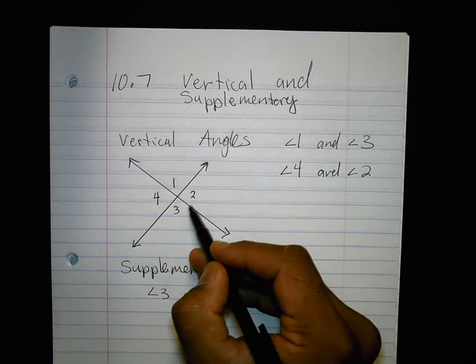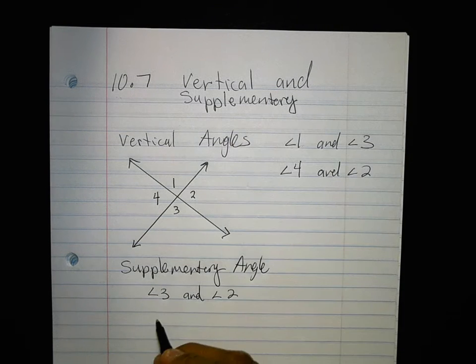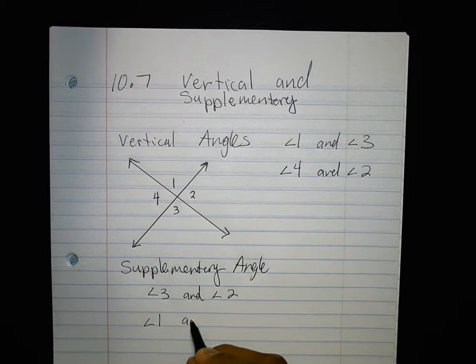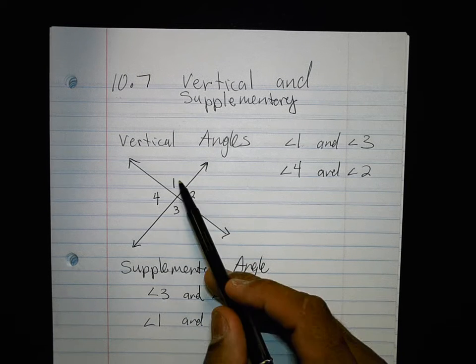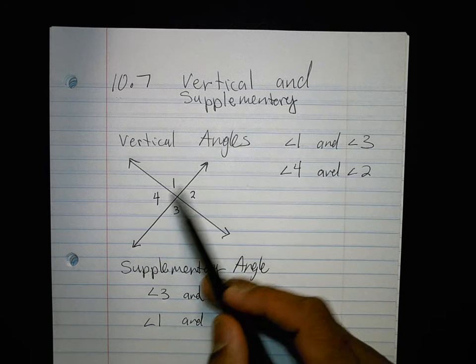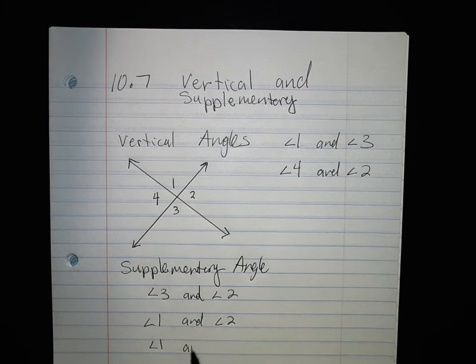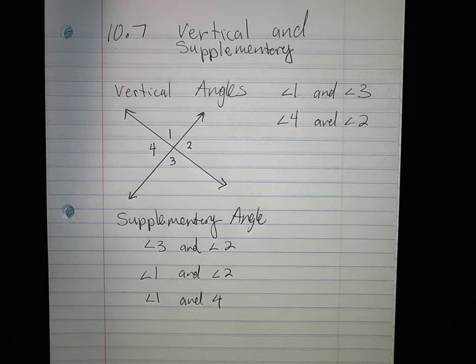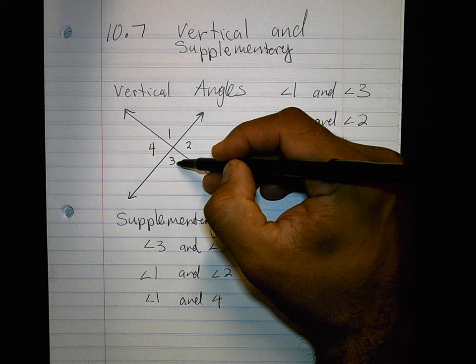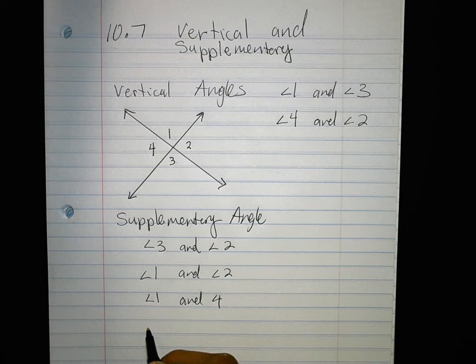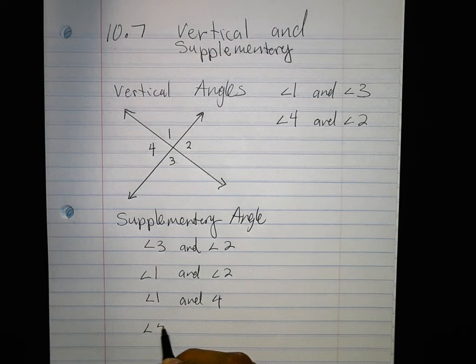These two add up to 180. Angles 1 and 2 are supplementary. Angles 1 and 4 are supplementary. And lastly, 3 and 4 are supplementary. They add up to 180, sorry.